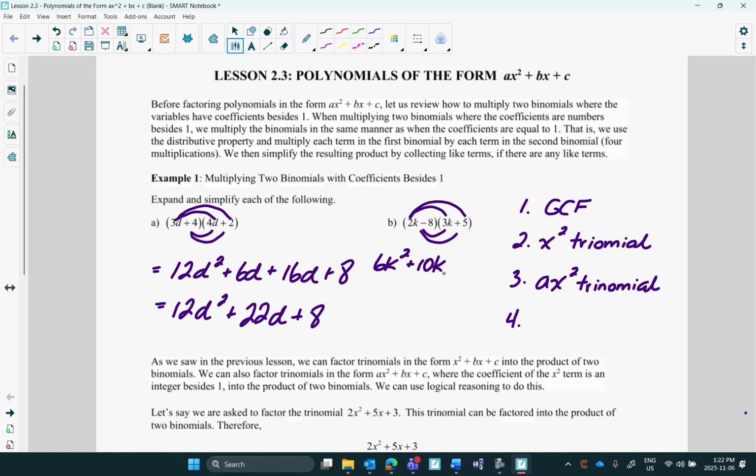Minus 8 times 3K is minus 24K. And minus 8 times plus 5 is minus 40. Again, I can combine the 2 in the middle. 10K minus 24K gives me negative 14K minus 40.